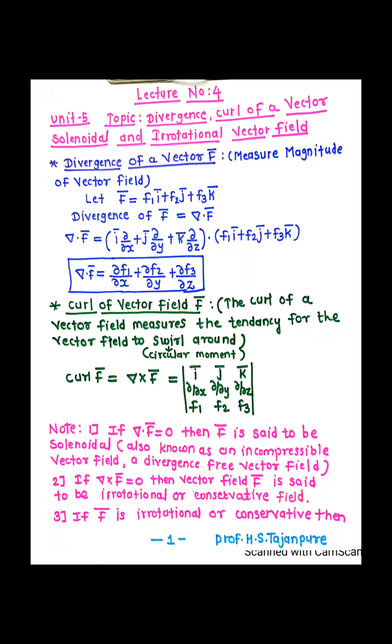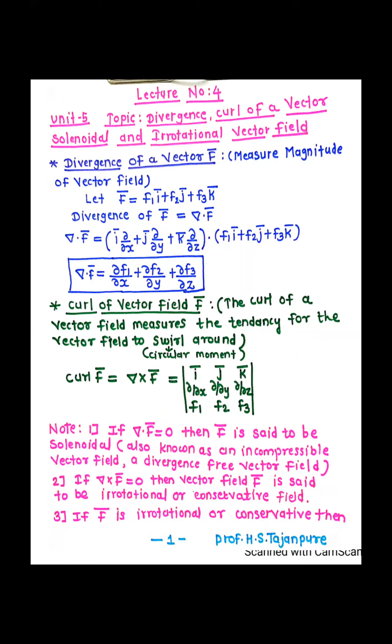Now come to the second point. If del cross f bar equals 0, then the vector field f bar is said to be irrotational or conservative. See, del cross f bar, what does this represent? Curl, that is the rotation. So if the rotation is 0, it is said to be the irrotational or conservative field.